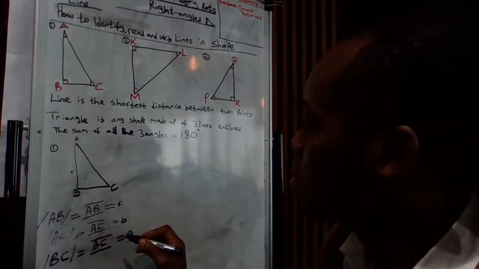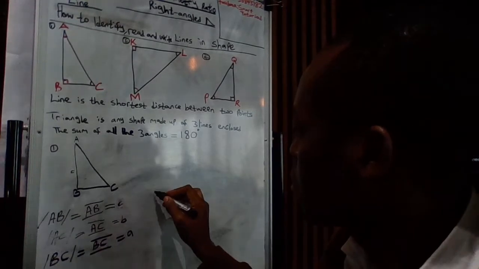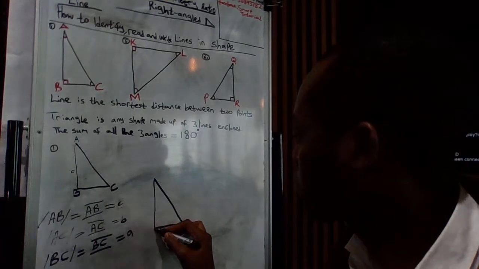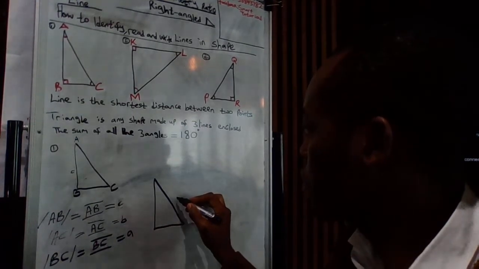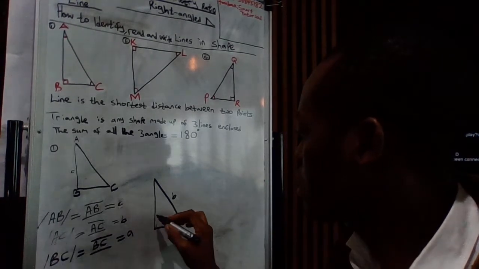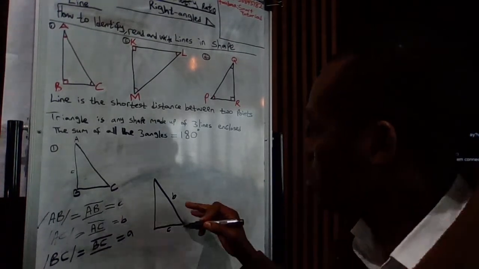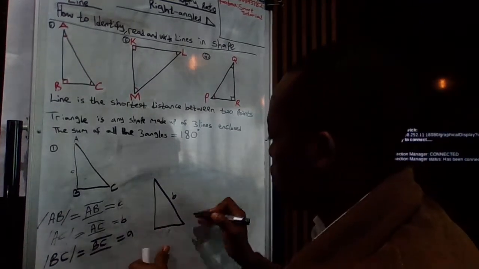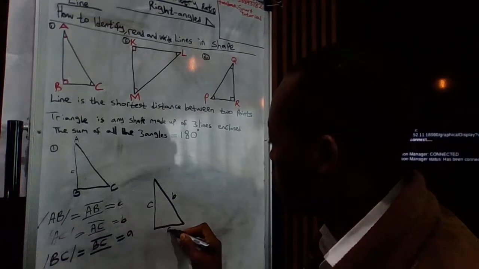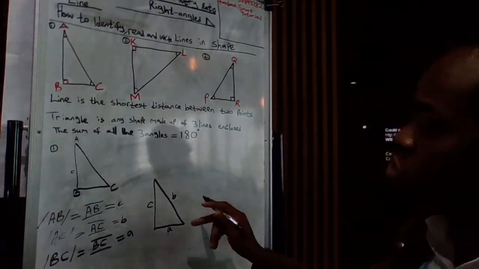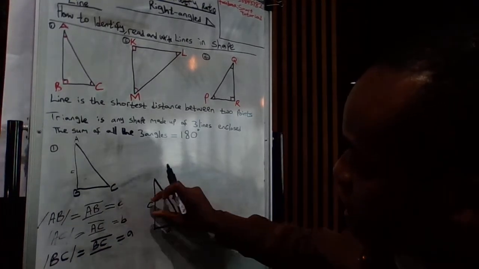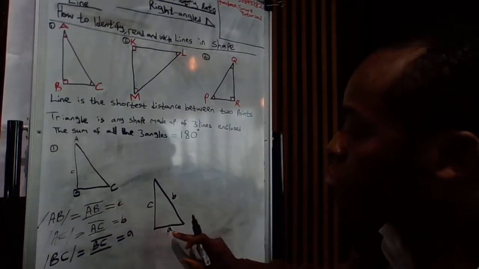So this triangle is still the same thing as B, C, and small letter A. So this line is line B. This line is line C. This line is line A.